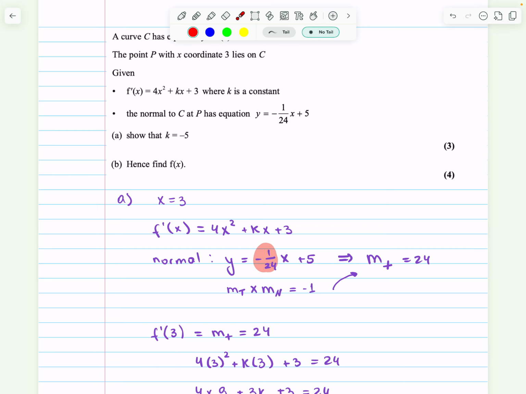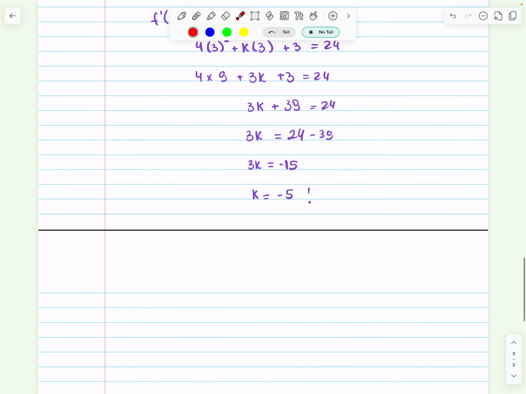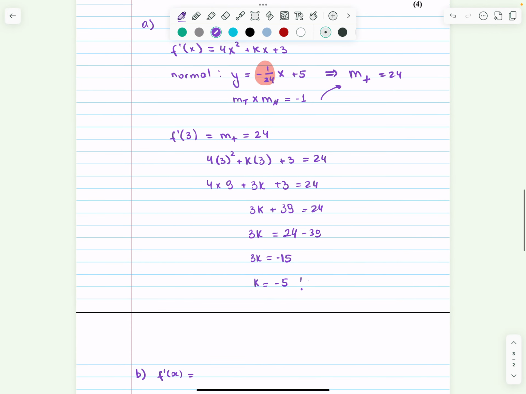So this part of the question is going to be done with integration, but I'm going to write one thing first, and this is part B. If the first derivative of f of x is equal to 4x squared, since you know the k, I'm going to write it there, minus 5x, and then plus 3.